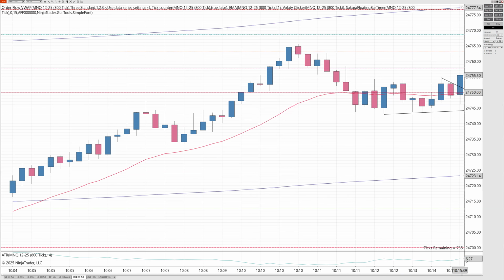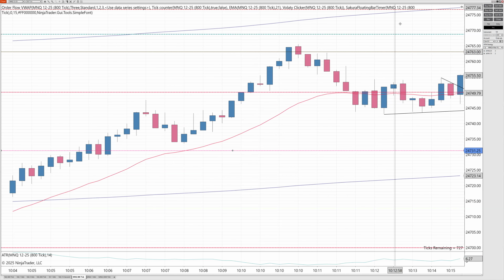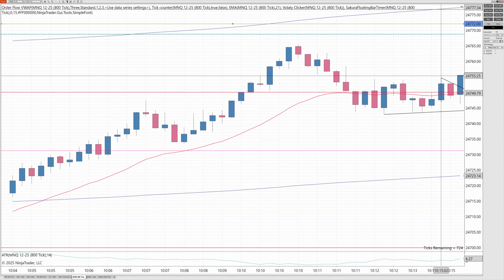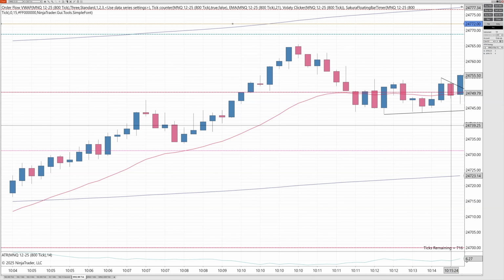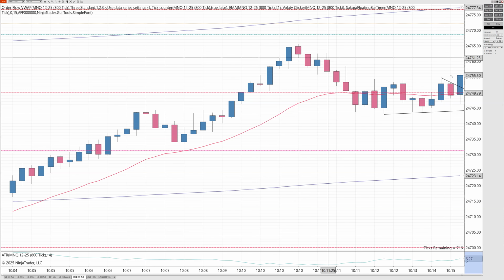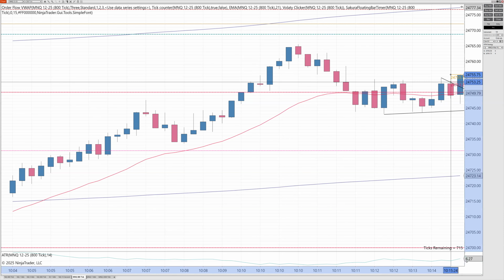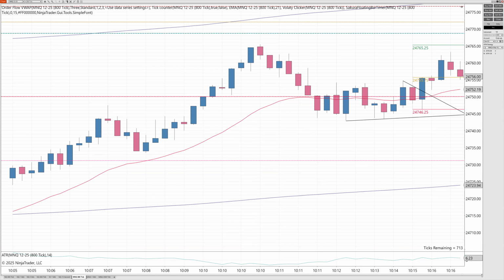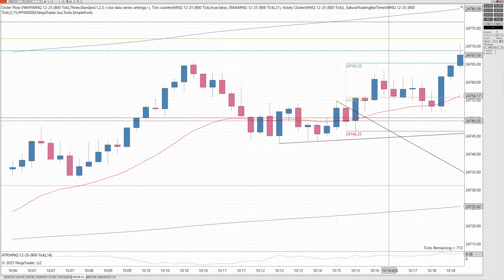So now we have a really strong signal candle here. It's above this immediate trend line, above the EMA, above 750. I would take it higher for a retest of this high right there. And boom, we hit target.